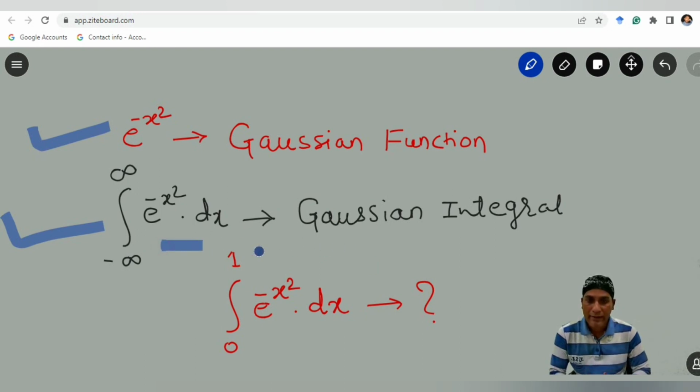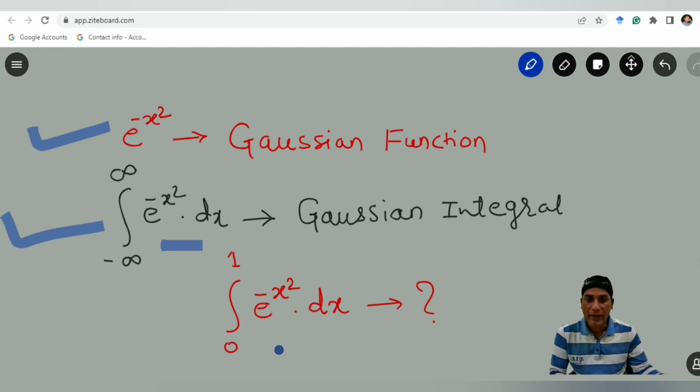On the other hand, the evaluation of the integral of the Gaussian function e power negative x square over 0 to 1 is somewhat difficult, and there are no elementary, simple or direct methods of getting its value.